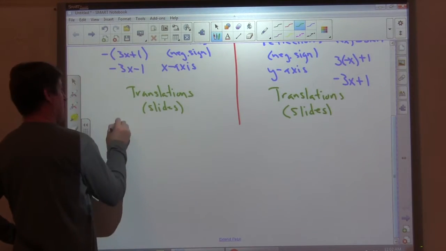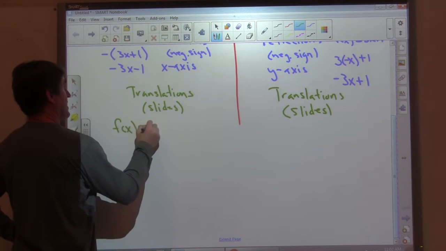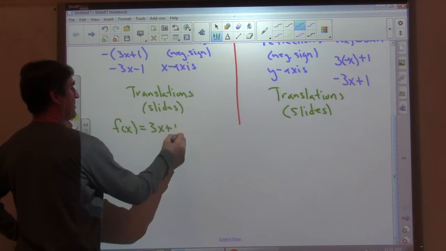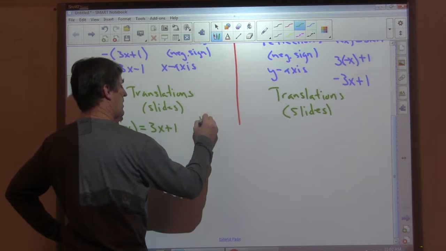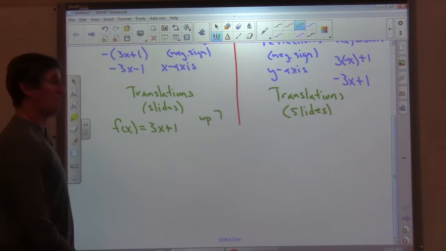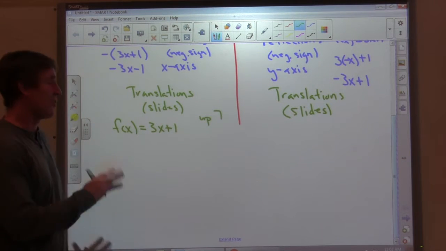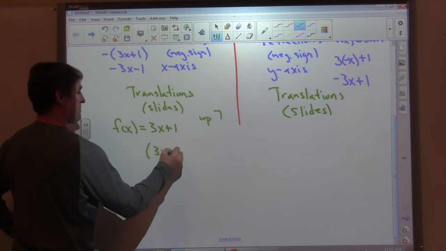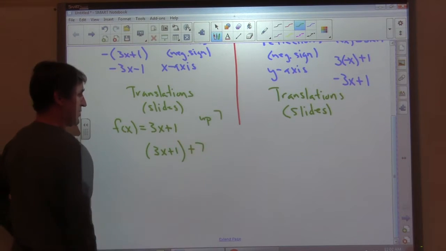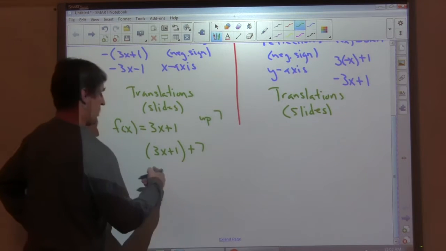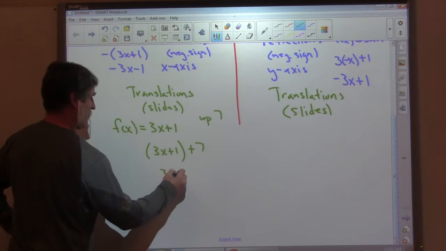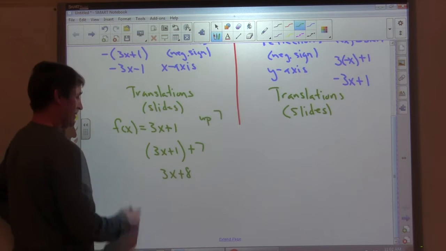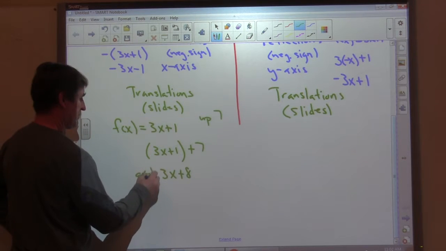So let's take this same function, f of x equals 3x plus 1, and now let's go up 7. Remember, if it's vertical, it affects the whole function. So I'm going to take this whole function and add 7 to it. And so simplify that, and I get 3x plus 8, and that would be our new function.